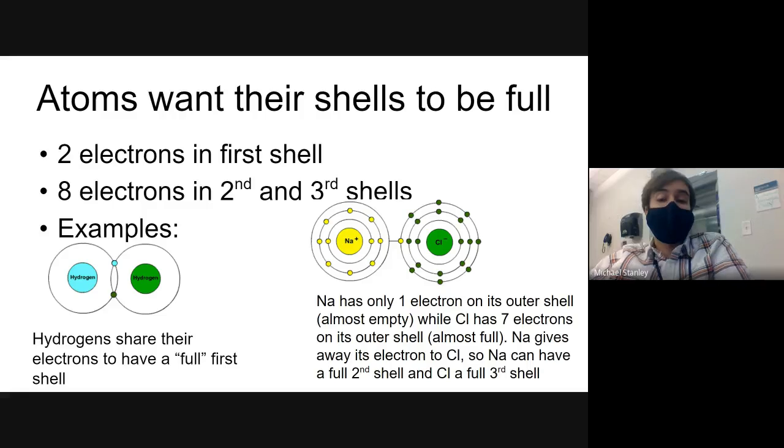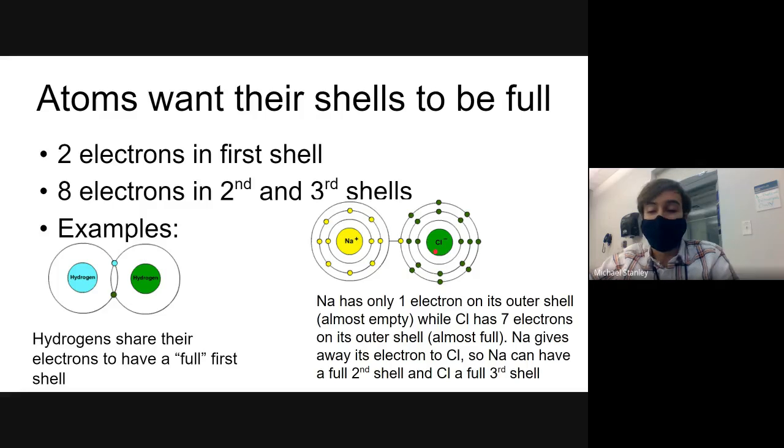So they're both very close to having a full set of electron shells, right? If sodium could just somehow get rid of this 1 electron, then it would have a full first and second shell and be happy. And if chlorine could somehow gain 1 more electron to fill its outer shell, then it would have a full outer third shell and it would be happy. So what will happen is that sodium will essentially donate 1 of its electrons to chlorine so that both of them can have these full electron shells.